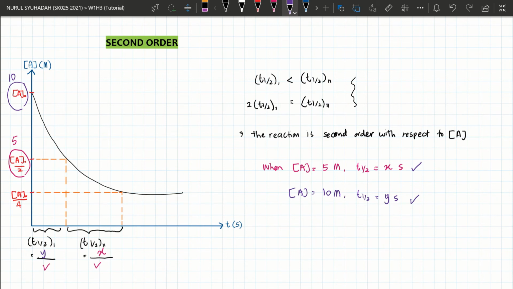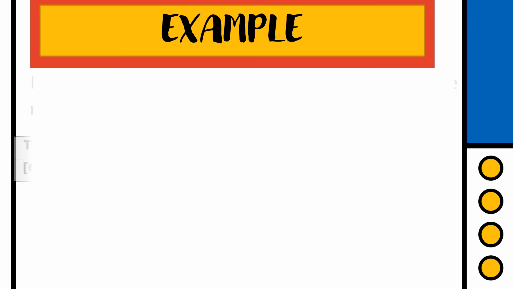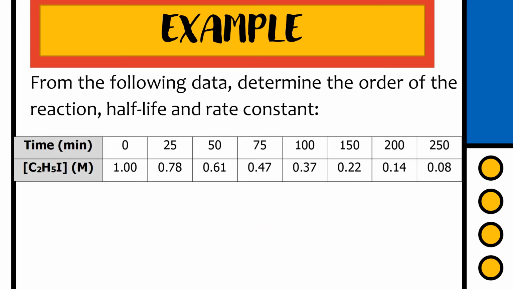Okay, so now let's look at an example. From the following data, determine the order of reaction, the half-life and the rate constant. For this one, I want you to use the half-life method, meaning you need to plot the concentration of C2H5I against time.